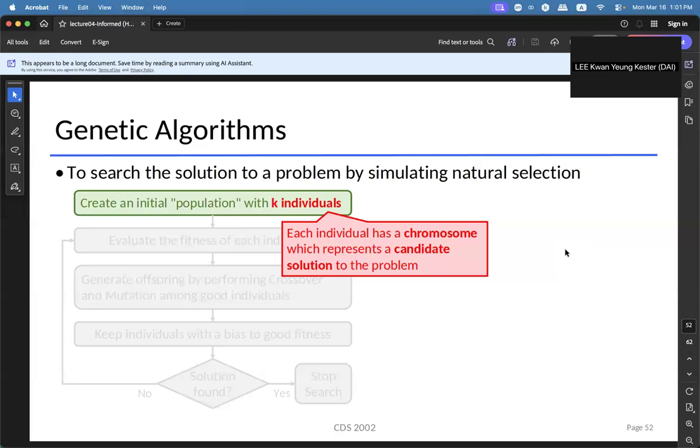As this goes on, only the organisms that are the fittest to the environment will be able to survive. The genetic algorithm is borrowing the concept of natural selection into the algorithm design.